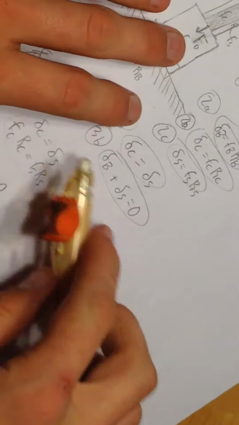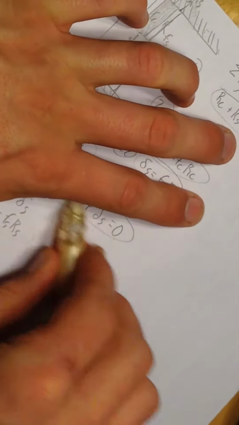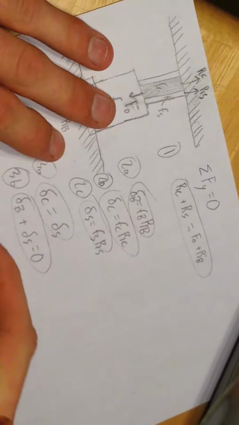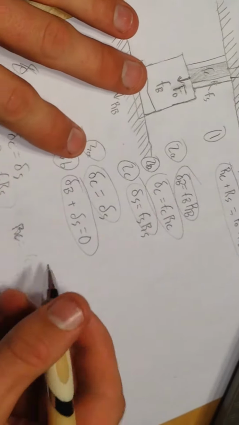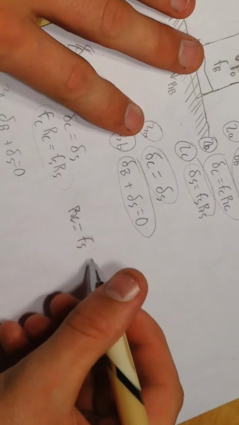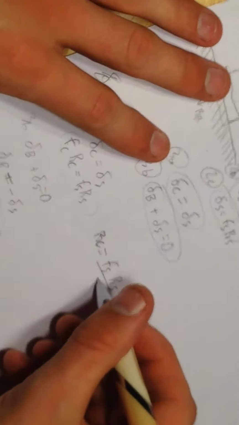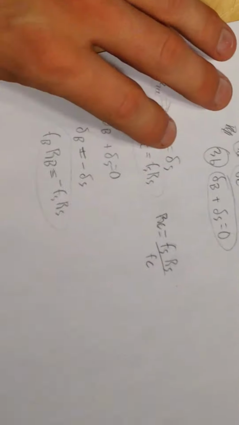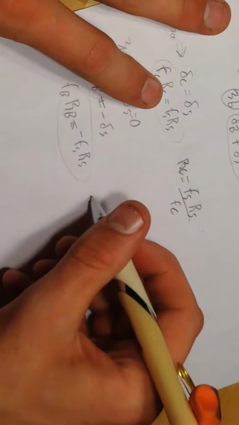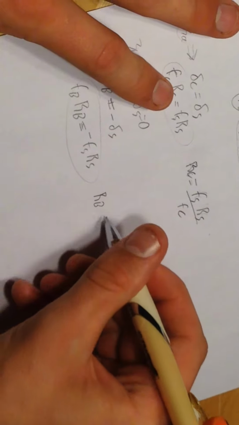You know what, actually, for this equation, I made a mistake here. We're going to solve for RC actually. So we have RC, and if we just divide the FC over to the other side, we'll have RC equals FSRS over FC.